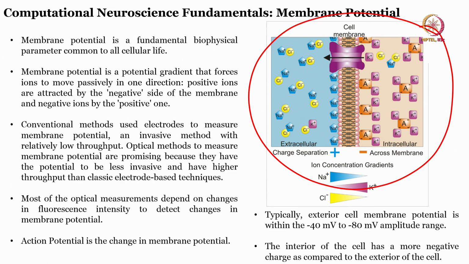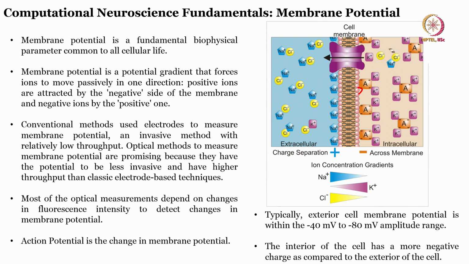Positive ions are attracted towards the negative side of the membrane, and negative ions are attracted towards the positive side of the membrane. So, it is nothing but a fundamental biophysical parameter common to all cellular life. If you just search for sodium potassium channels in Google, you will understand a lot about how the membrane potential works.